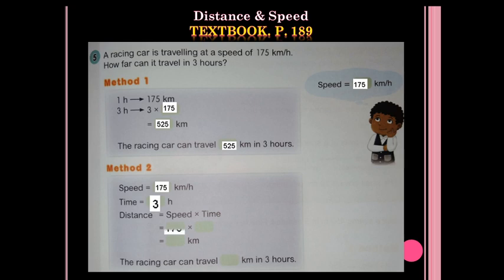So the speed is 175 times 3 equals 525. The racing car can travel 525 km in 3 hours. Okay, so the racing car can travel 525 km in 3 hours.